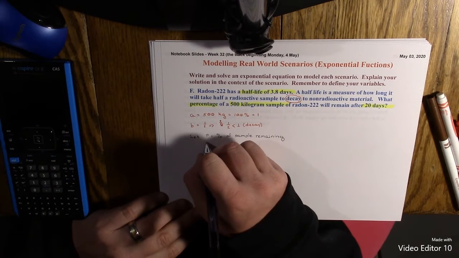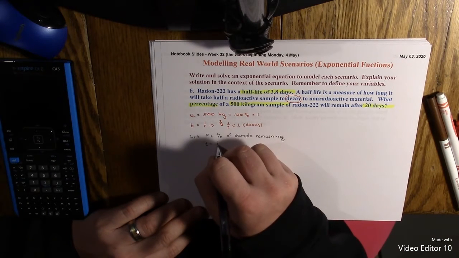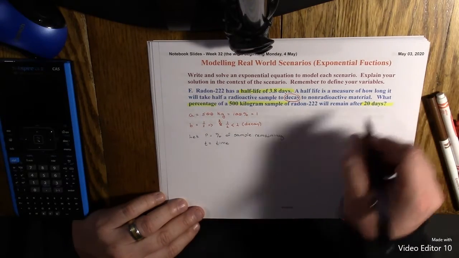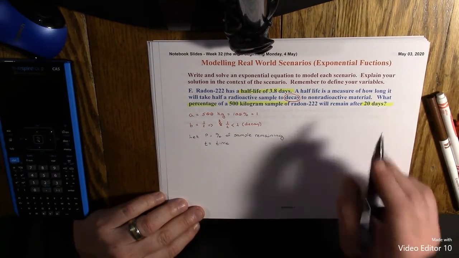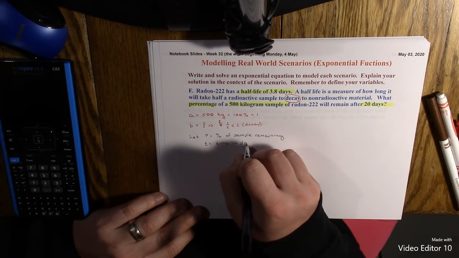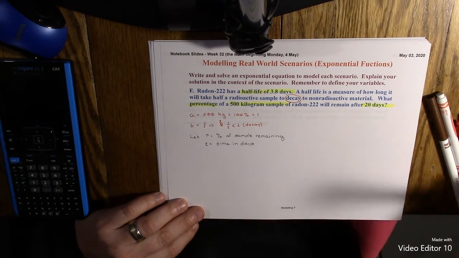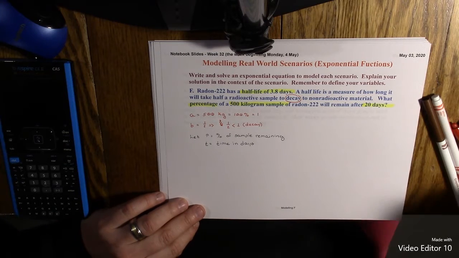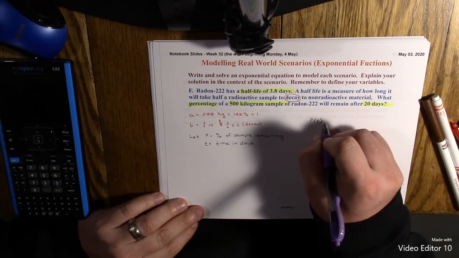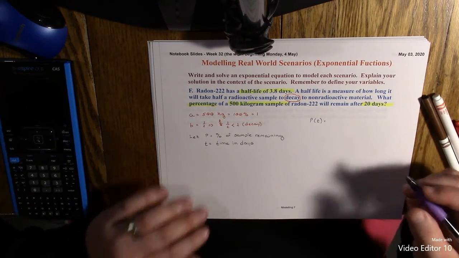And t will be our time again. This time it's in days, because our half-life is in days. So that means we're looking for P of t, our function, the percentage after time t.